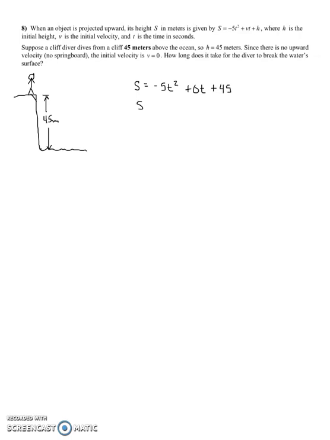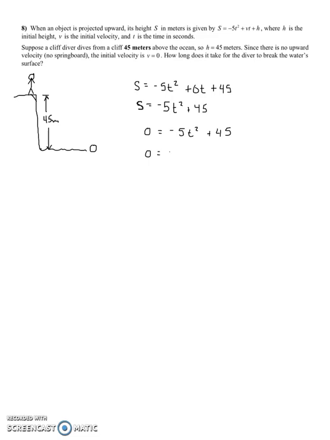Or really, s equals -5t squared plus 45. Now, to find out how long it takes for the diver to break the water. Well, the water is at 0. So that means we're going to put 0 in for s. So we have 0 equals -5t squared plus 45. And we need to factor that.